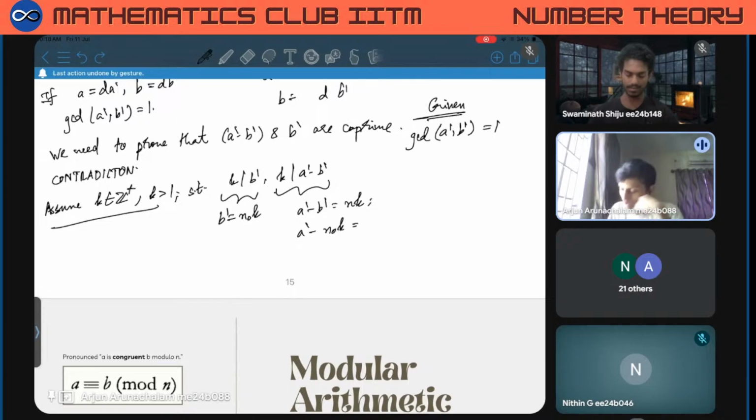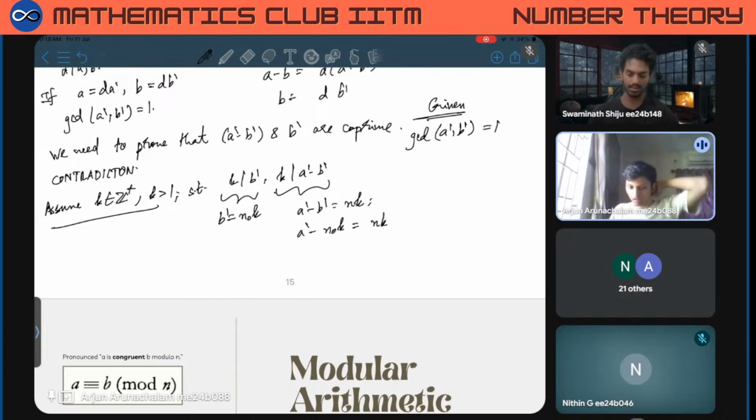Sorry, yeah, you have a dash n naught k is equal to nk. Now you just add some multiples of b here. So some nb into b dash, right? So you have, sorry, let's just subtract a multiple of b dash.